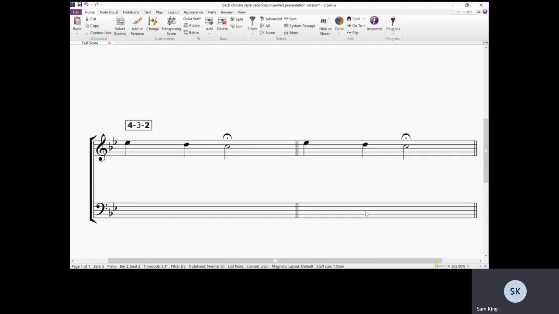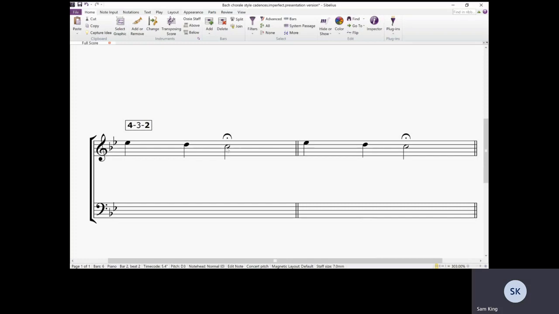Looking down now, here we have another fairly commonly encountered pattern where the melody descends 4-3-2. So clearly that's going to imply rather more different chords than in our first examples, because we don't have the repeated note at the start.